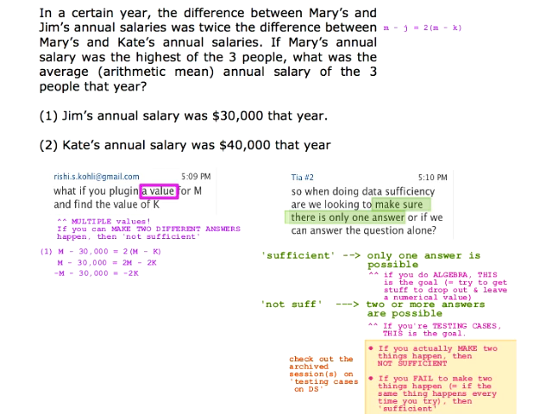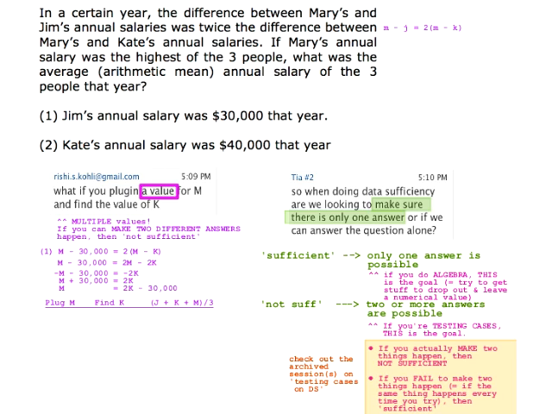So M plus 30,000 is 2K. So M is 2K minus 30,000. If you solve for K, then it's going to be a fraction, which is not anybody's friend, really. So you can plug in M, and then you can find K, and then you can find the average of all 3. You can do that. And then testing cases.